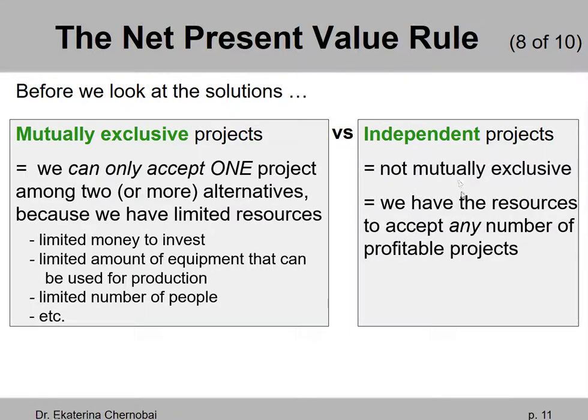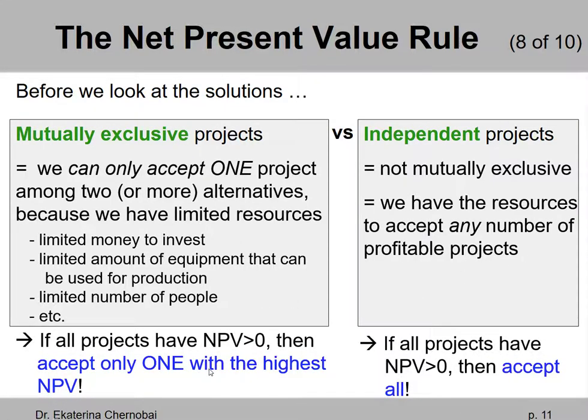With independent projects, we do not have these limitations. So if both projects look good, we will raise the money we would need to invest into both. We would hire more people, we would buy new equipment, and so on.